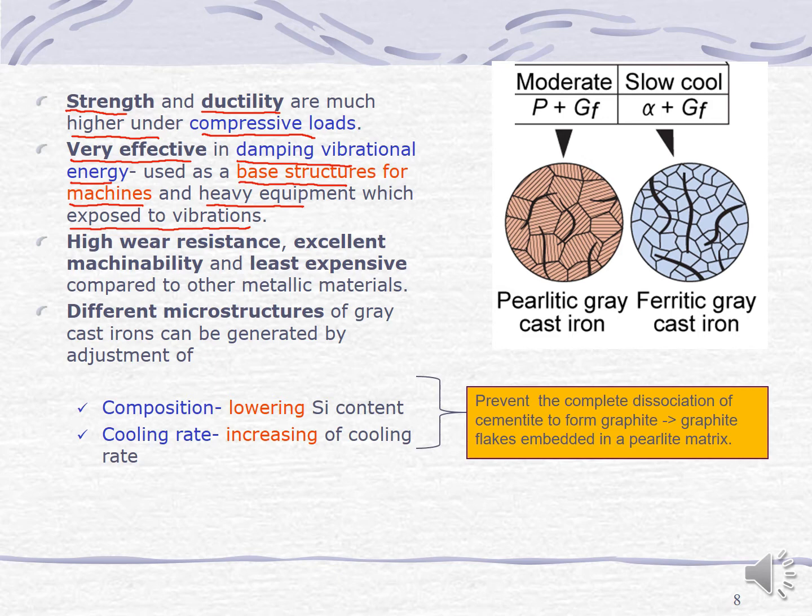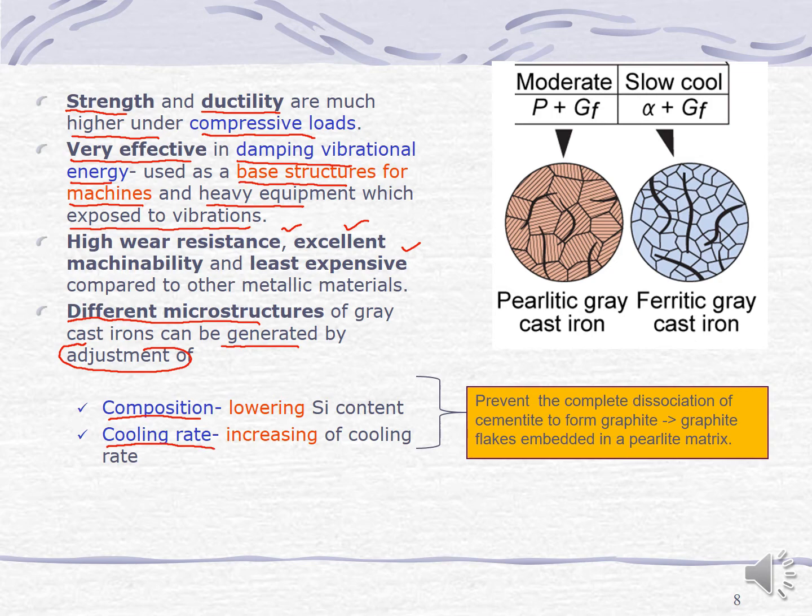It has high wear resistance, excellent machinability, and is the least expensive compared to other metallic materials. Different microstructures of grey cast iron can be generated by adjusting the composition and cooling rate.